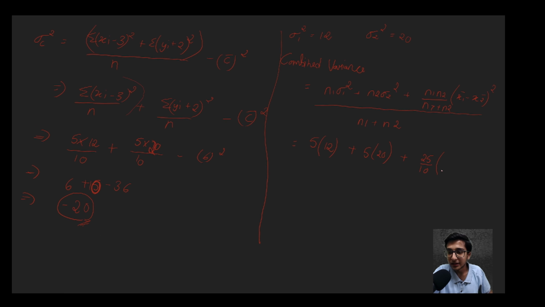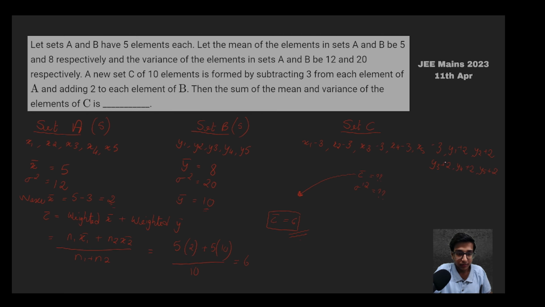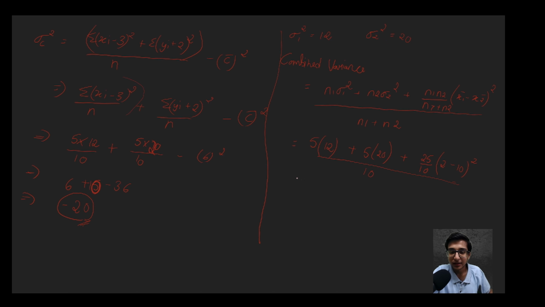So 2 minus 10 whole square, divided by n1 plus n2, which makes it 10. So from here we can solve this equation. This would become 64 square. 5 5s are 25, and this would cancel, and from there we can get our answer to be 32 at the end.